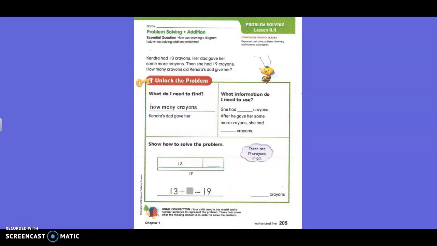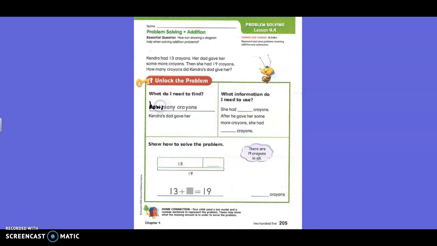Step 1. What do I need to find? What does the question ask? How many crayons? Yes. So write that, which I know is already on there, so you can go over it.